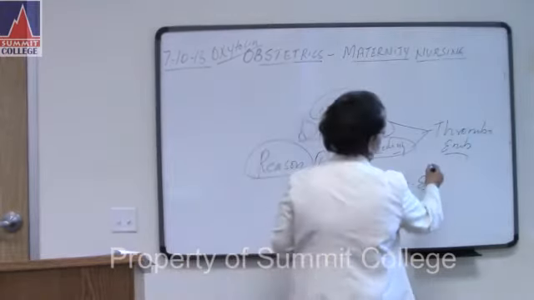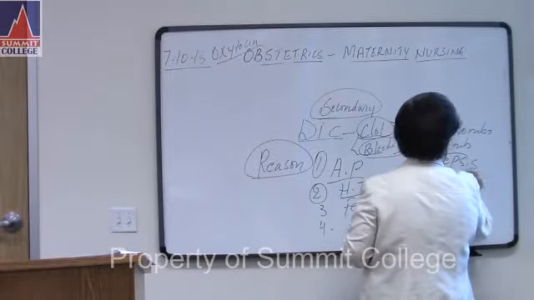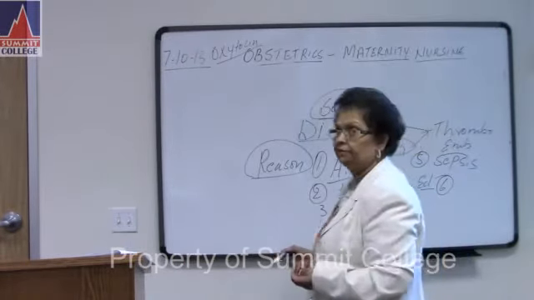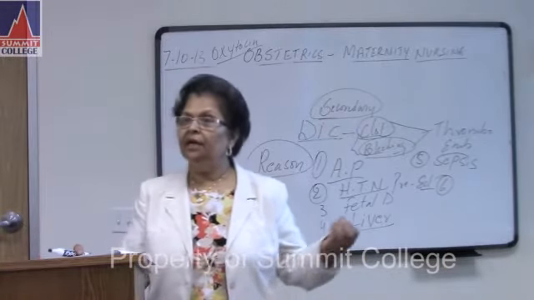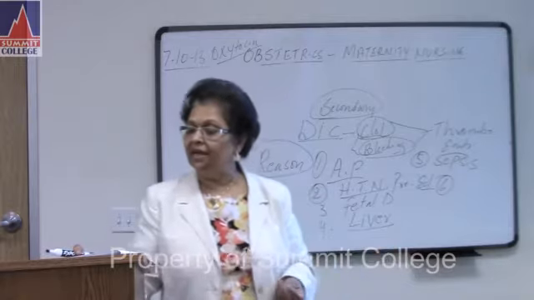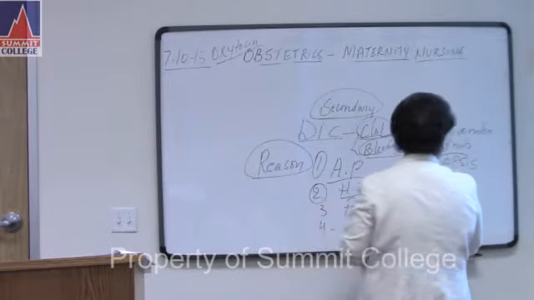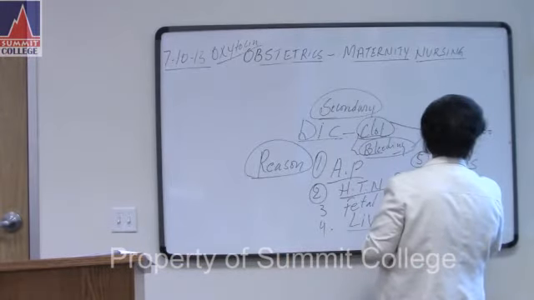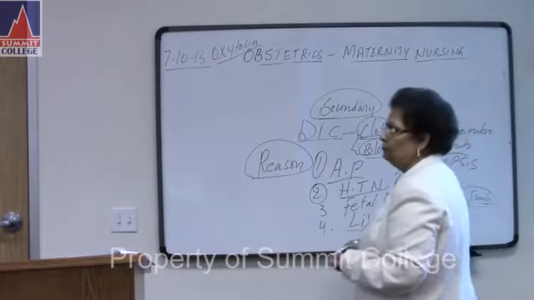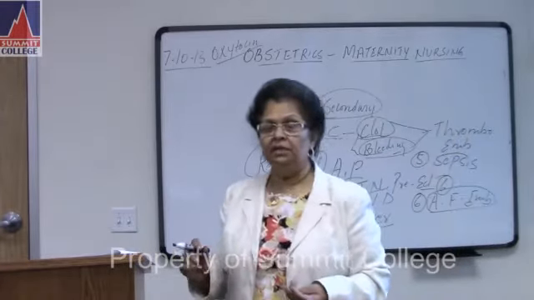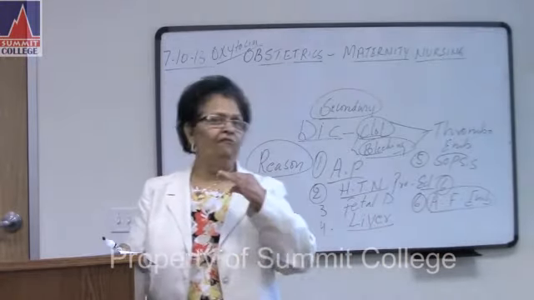Number five, sepsis. The mother has sepsis, meaning any kind of infection. The mother becomes infected throughout the body, and this can lead to DIC. Next is amniotic fluid embolism. When the amniotic fluid goes into the blood, that causes a serious problem, and the mother can be bleeding.